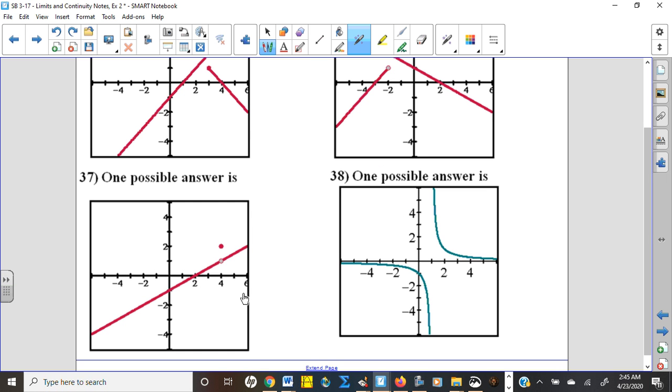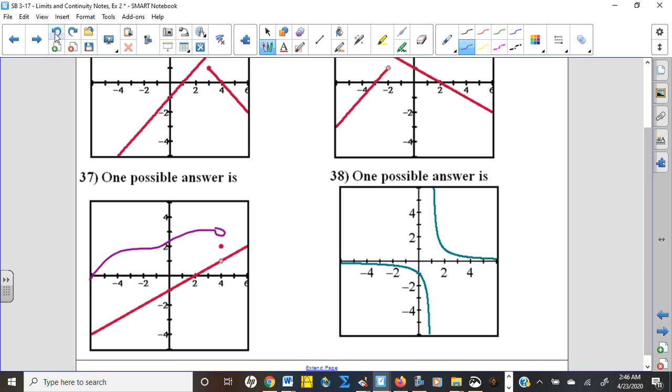And so what you had to have here was your two sides of the graph converging at the same point, and then a hole, but then the function had to have a value somewhere else. So another example of this one would have been maybe like this: come into 4 from both sides, we're coming to the same place. The limit existed, unlike 35 and 36. However, there was no continuity, so I had to define that place somewhere else. So that's what that would have looked like.